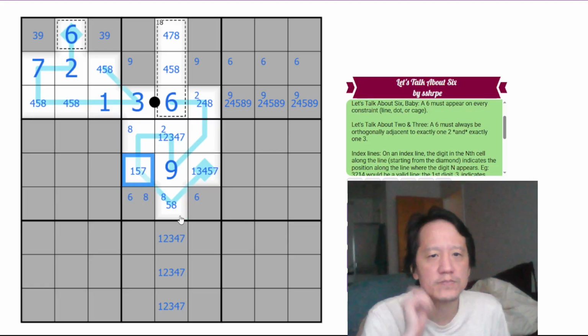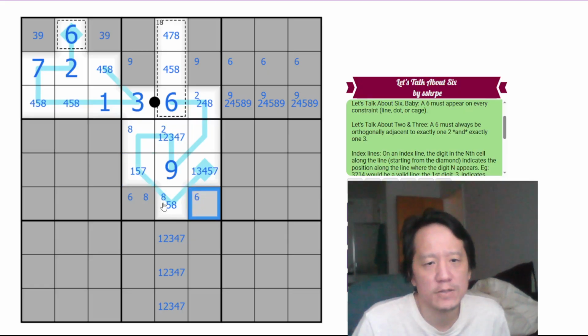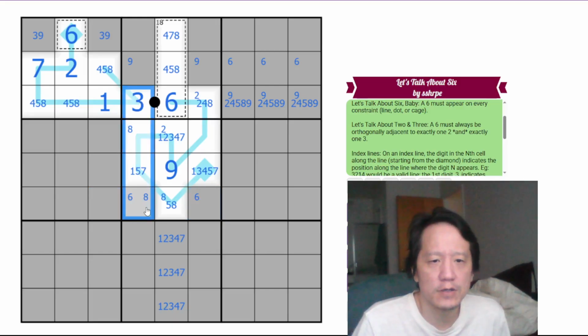Let's see. 6 is one of these two. So 3 cannot be here, 3 cannot be here. 3 can be in 1, 2, 3, 4, 5, 6, or 7, right? 1, 5, or 7. 8 can be here. This cannot be 8.